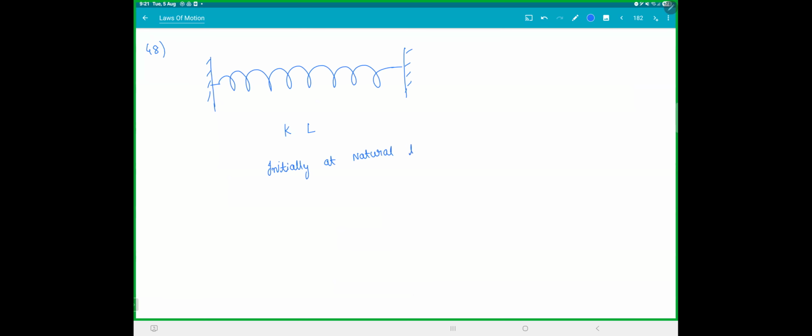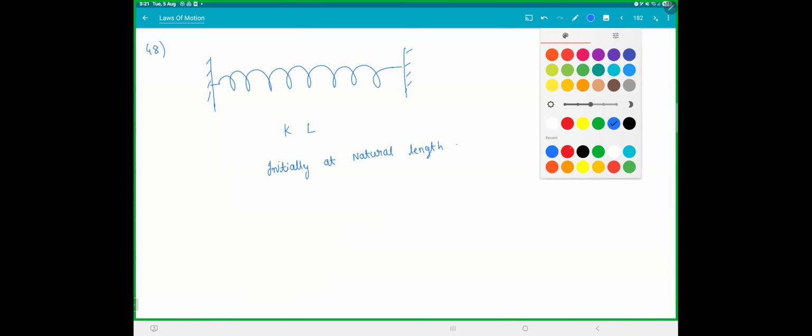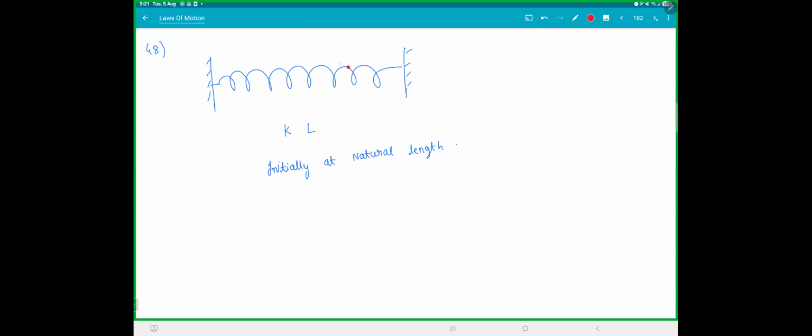Then what you did: we have a point A in the middle of the spring. You attach some rod kind of thing here and you pull it with force F. So point A is pulled with force F. This distance is 0.2 L and this distance is 0.8 L. You're not pulling the spring at the end, you're pulling the spring in the middle.